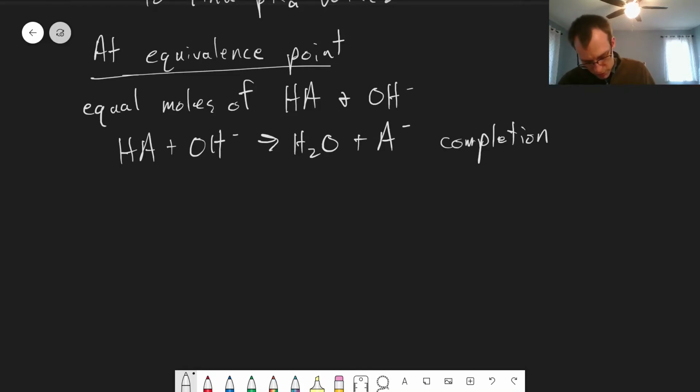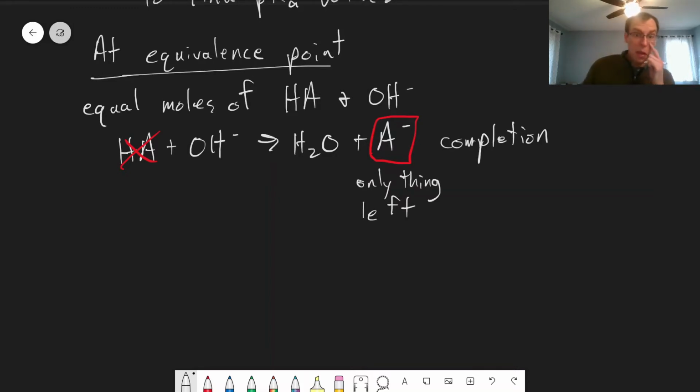And so what we've done is we've transformed all of our HA. So this is now gone out of solution, and we are only left with A minus. Well, besides the counter ions that go with everything. So what we have now here is a solution of a weak base.